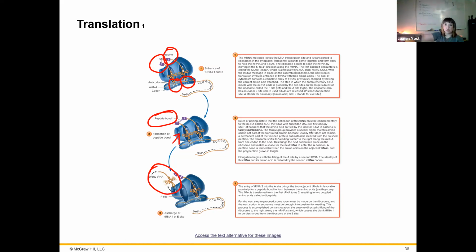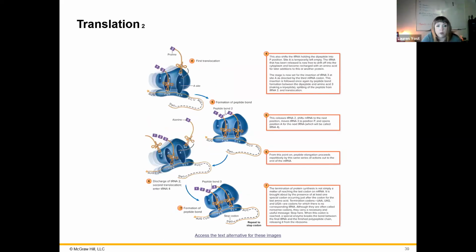Because it doesn't need to be associated with that messenger or with that protein anymore, because we've already done our job. We brought in our amino acid and it got linked on to the next amino acid. We don't need you anymore. So we kick out that transfer RNA. Okay.